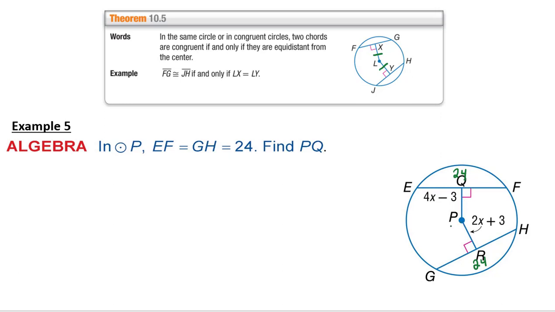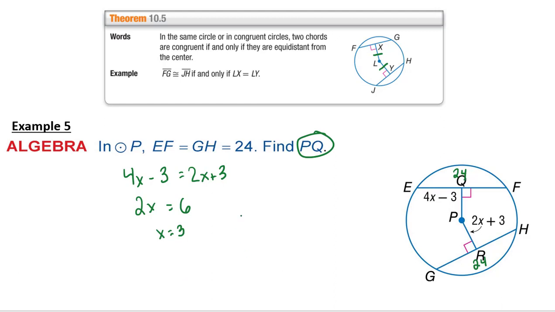So 4x minus 3 is equal to 2x plus 3. Be careful solving this equation. I could see where you might make a mistake with this. Subtract the 2x to get a 2x. Now add the 3 over to get a 6. X equals 3.